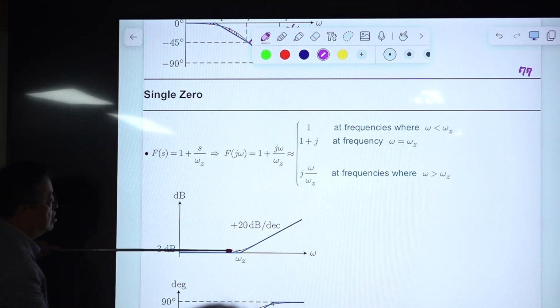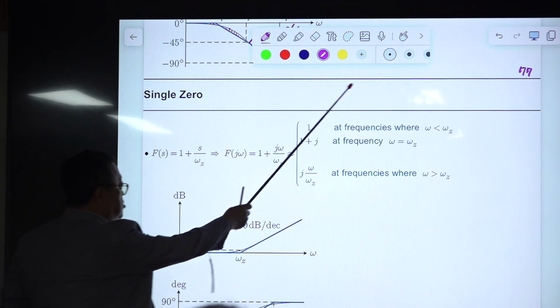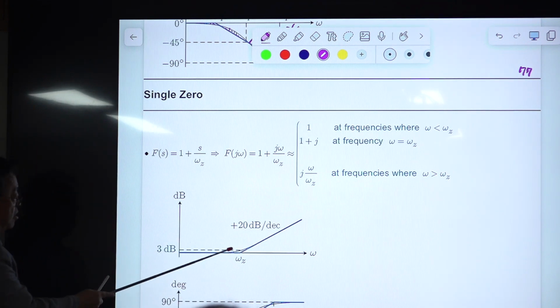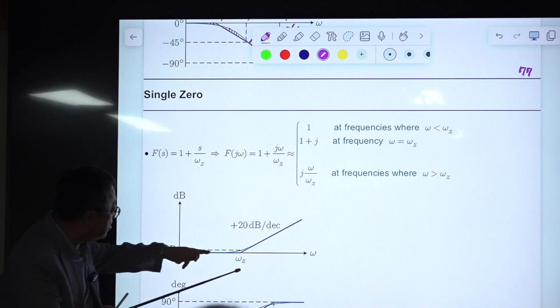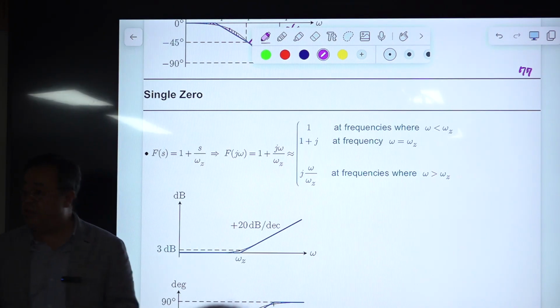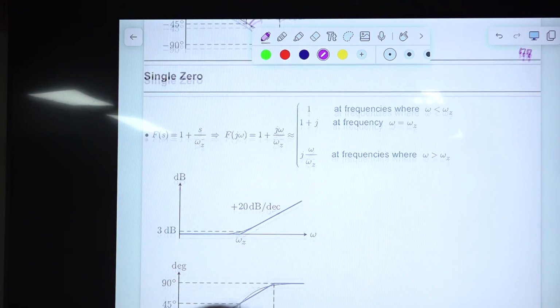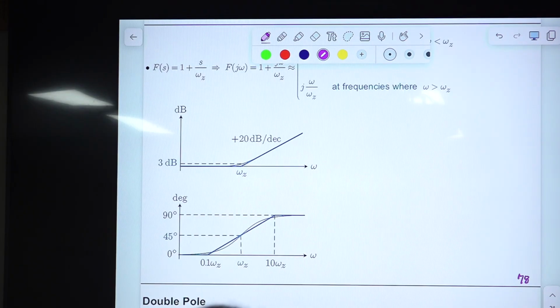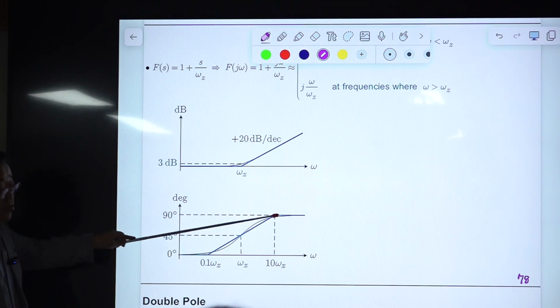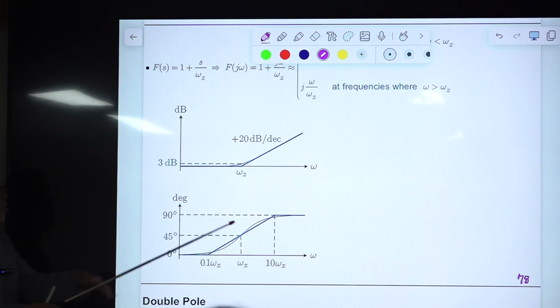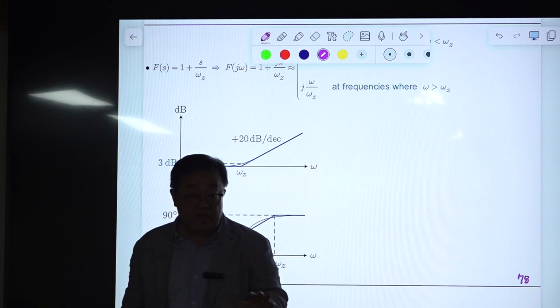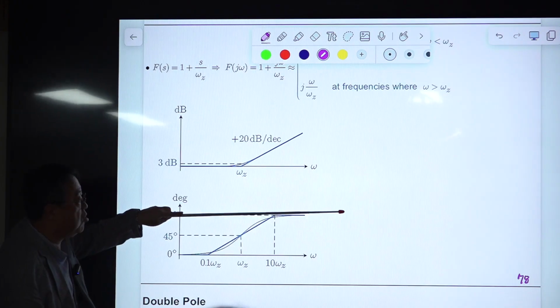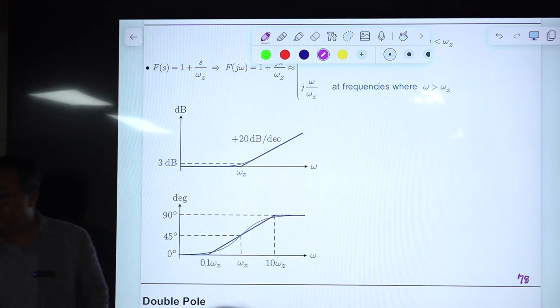So the 0 dB line is this part, and this is this one. You connect them, and smoothly connect through this 3 dB line. Then you will have the exact response, and the phase remains the same. And at this frequency, the phase is 45 degrees, it starts out from 0 degrees and converges to 90 degrees. It never increases further. Okay, it converges to this value, right?